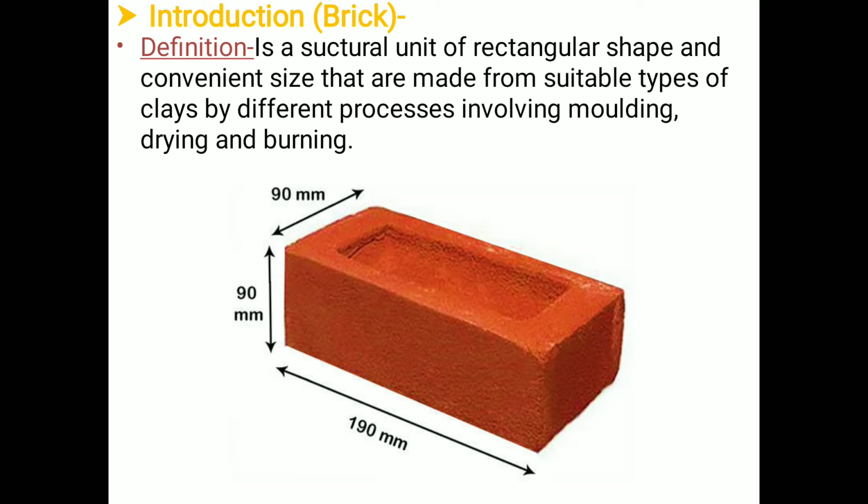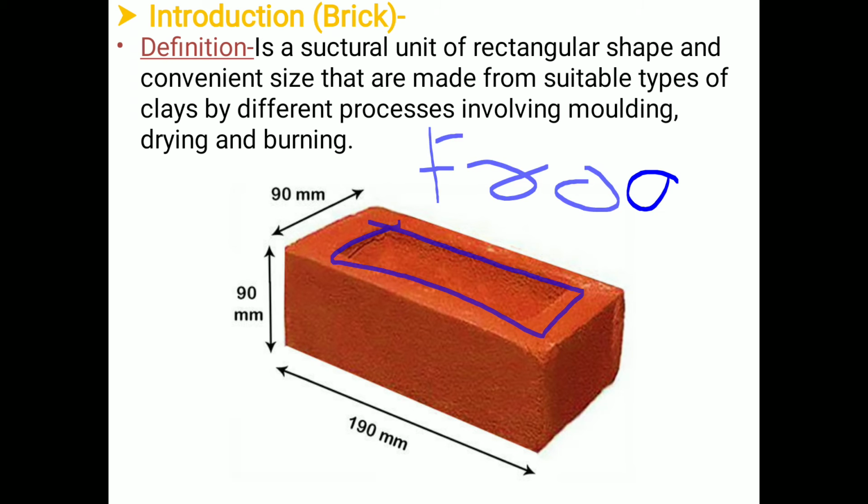This particular portion is known as the frog of the brick. So what is the use of the frog? The frog can be used for the binding purpose. To get a stronger bond between two bricks, a frog is provided. The second purpose of providing a frog is for marketing.